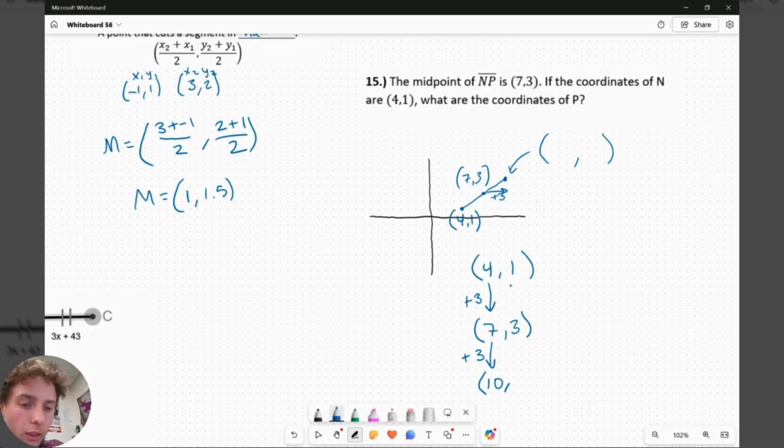Well, from 1 to 3, the y values, that's how much we go up and down, went up by 2 units. So if that got me halfway, I can apply the same change to go the other half. I could go up by 2 again. So that would take us here. That would make us go up 2 to a value of 5. This coordinate at the end should be at 10, 5.